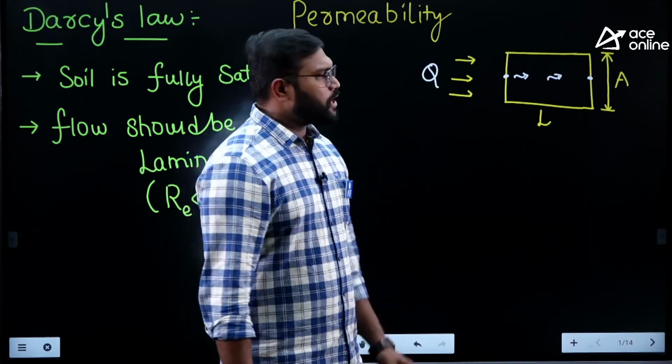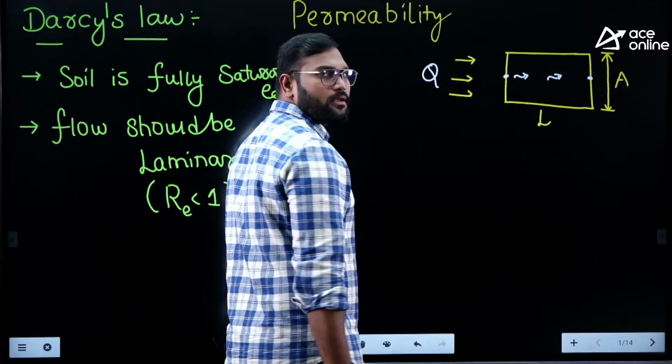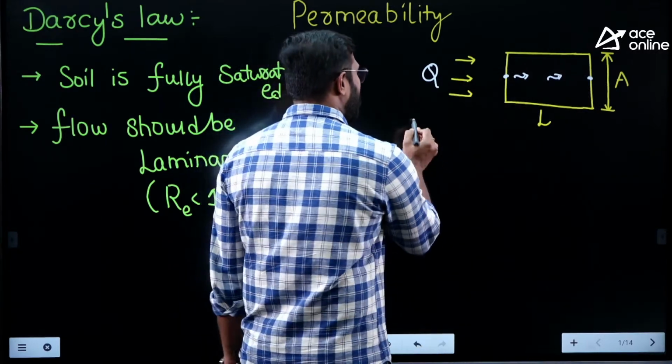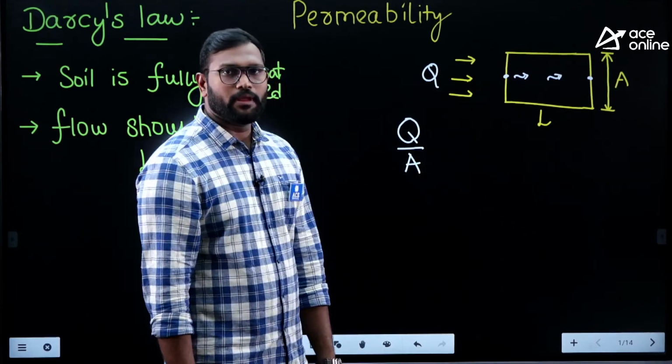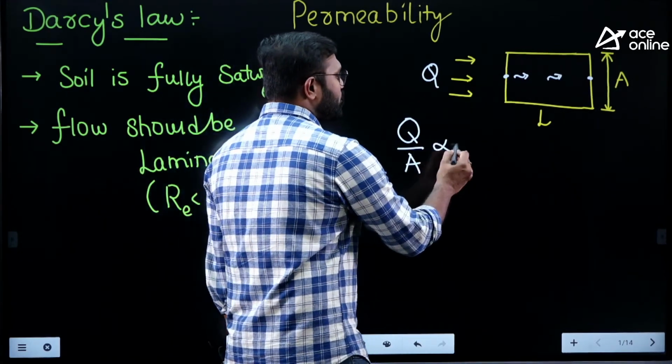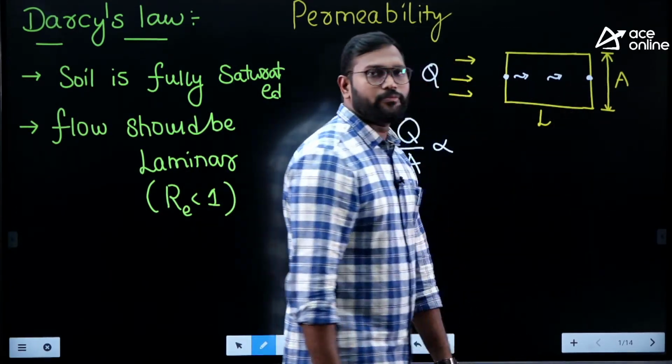Repeating again, as per Darcy, the flow rate passing through the soil per unit cross sectional area is proportional to the head it loses when it flows over a length L.